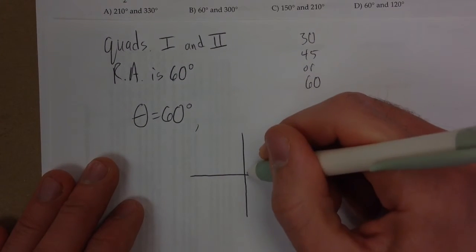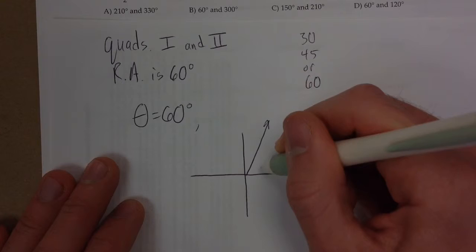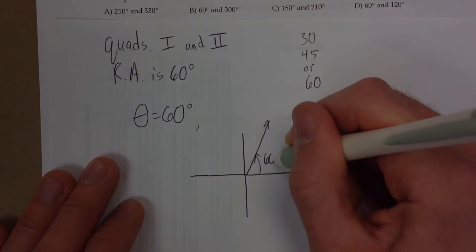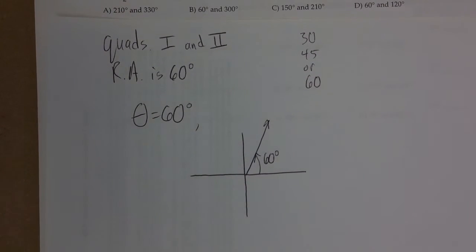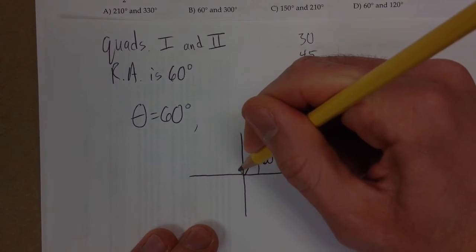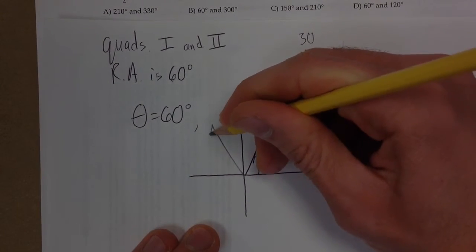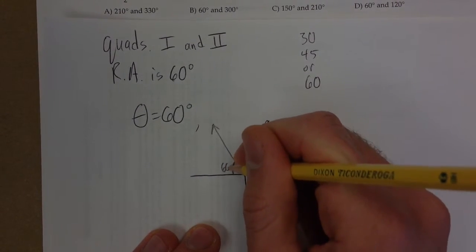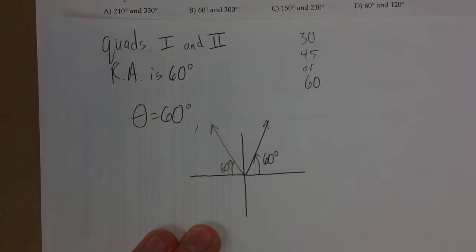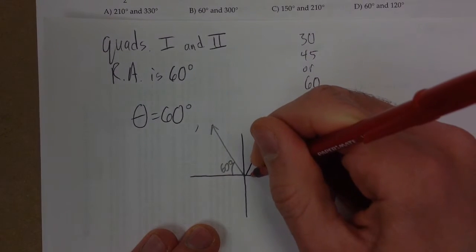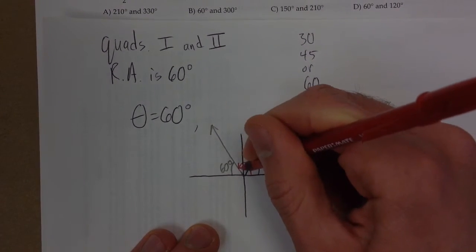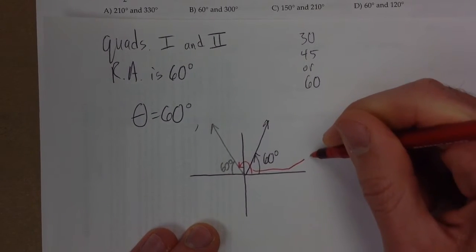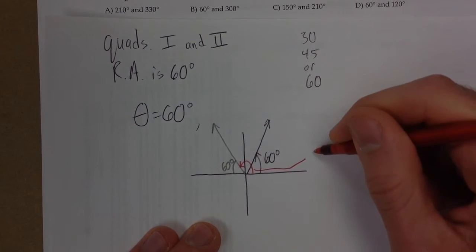Excellent. So 60 degrees, that's the obvious one. The other one is also going to be 60 degrees away from the x-axis. But the full angle, in other words, the angle in standard position, is going to be 120.